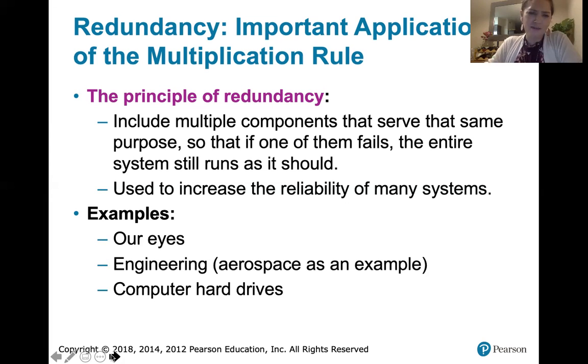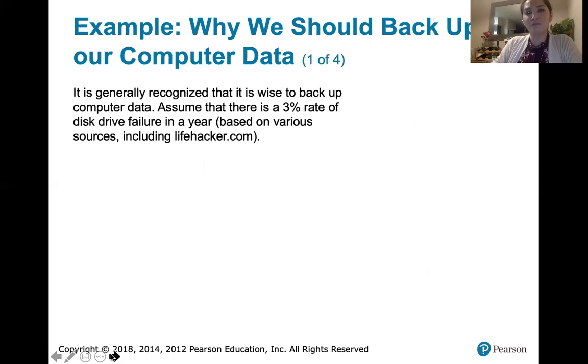And we're going to talk about computer hard drives and backing up right now in our example. But the idea is if you have backups, it makes things much less likely to all fail at the same time. And since they're not likely to all fail at the same time, your whole system should run smoothly and okay, even if there are some problems.